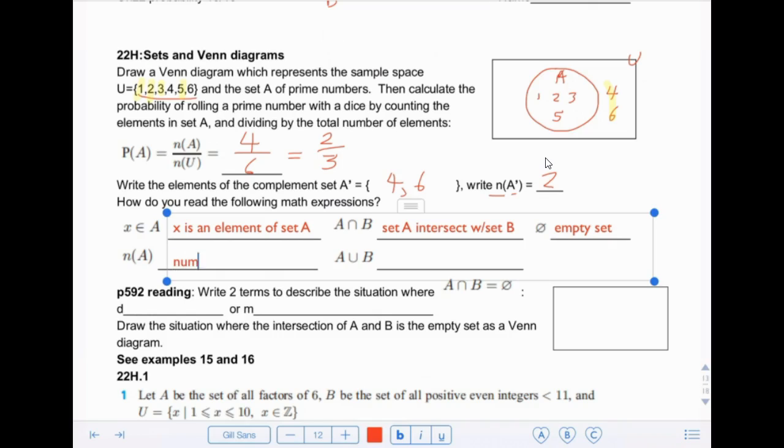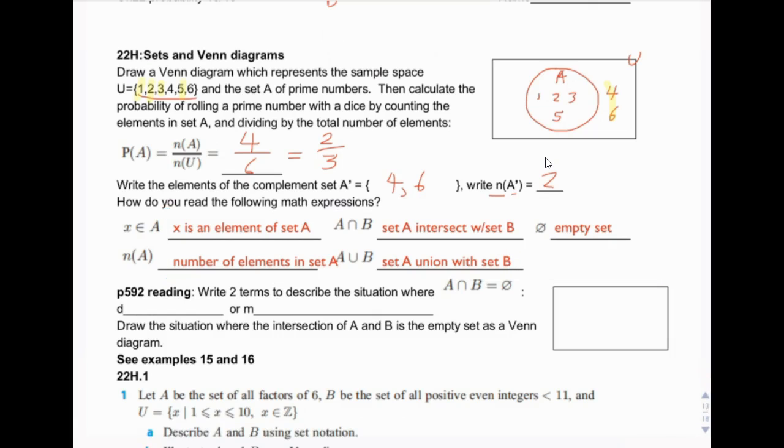This would be number of elements in set A. This would be set A union with set B. So remember, intersect with means anything that's both in set A and set B. Union would be anything that is in set A or in set B or in both.